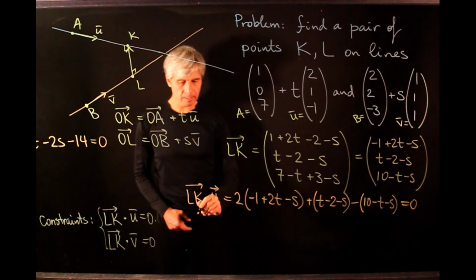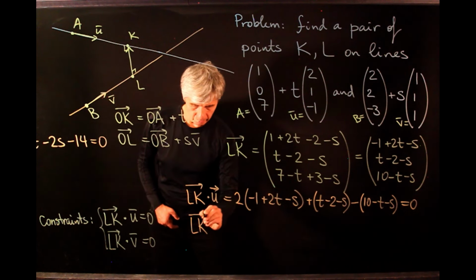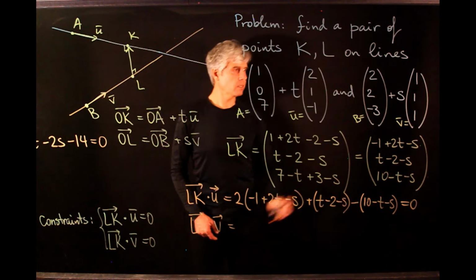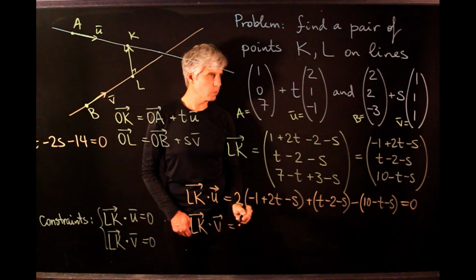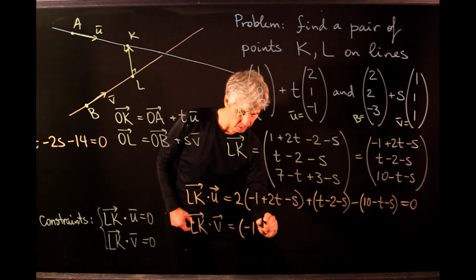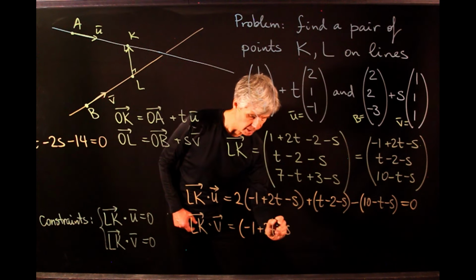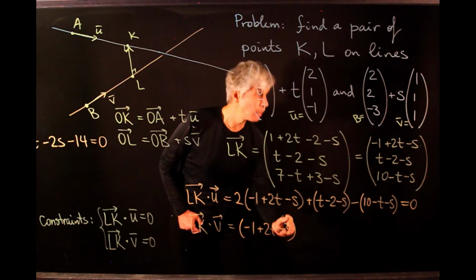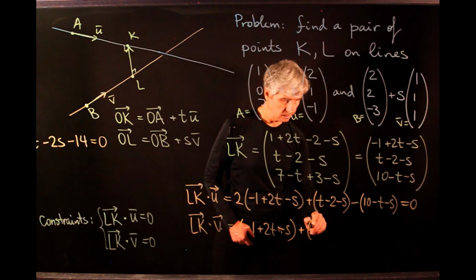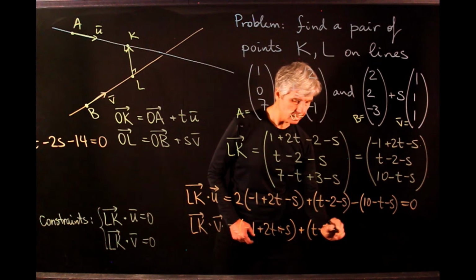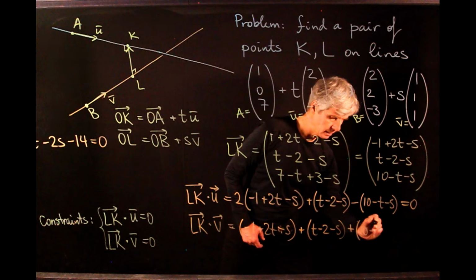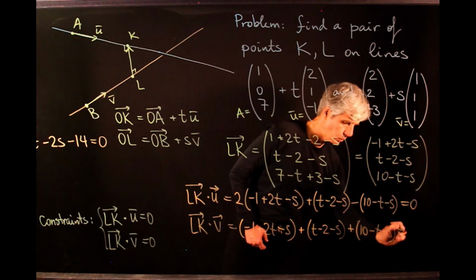Now let's consider LK dot V. So V is this vector which has coordinates 1, 1, 1. So the dot product will be minus 1 plus 2t minus s, plus t minus 2 minus s, and plus 10 minus t minus s equals 0.